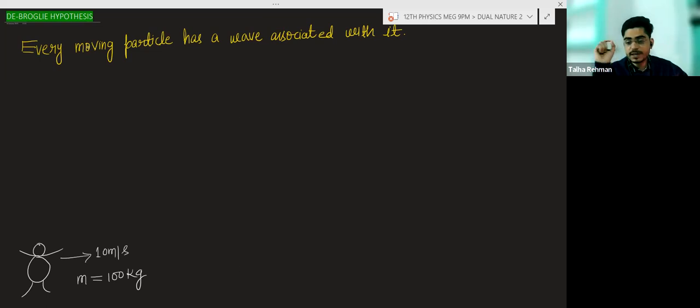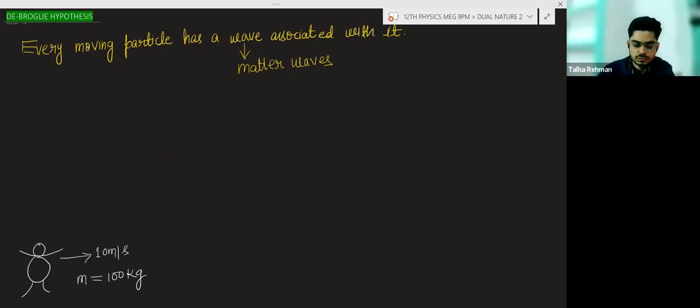Every moving particle has a wave associated with it, and these waves are known as matter waves. The waves associated with matter are matter waves.